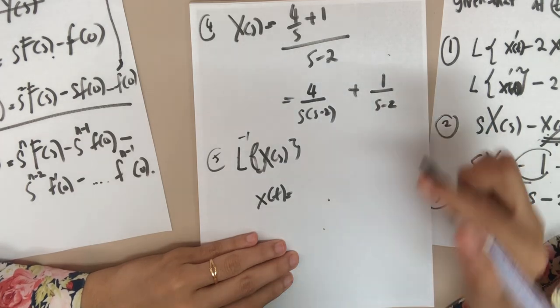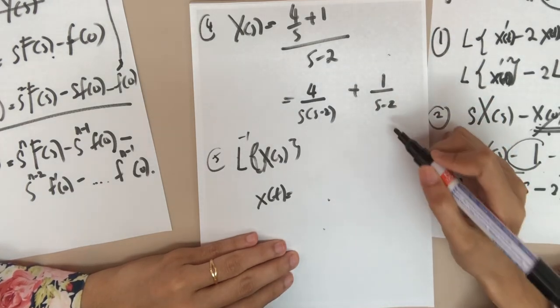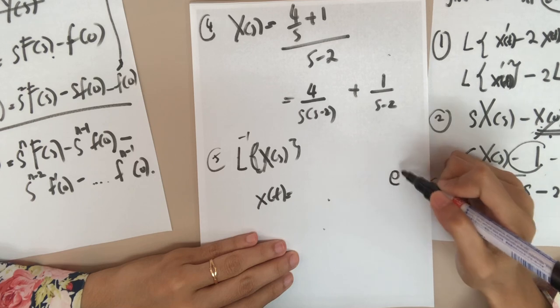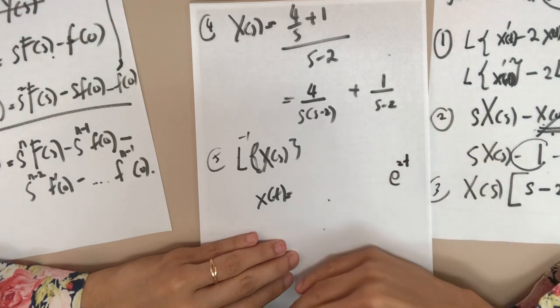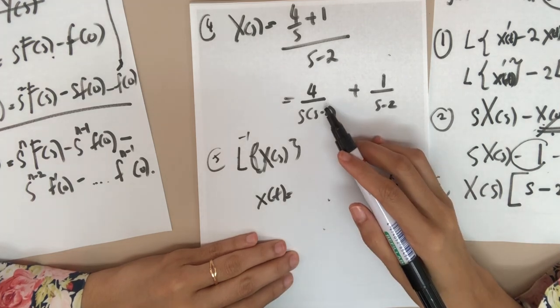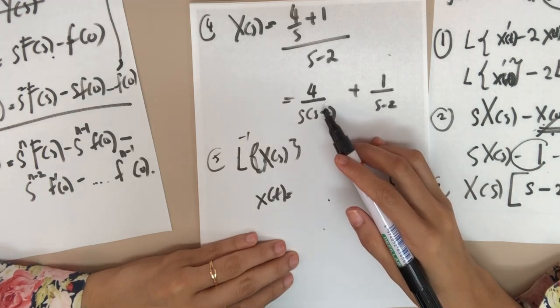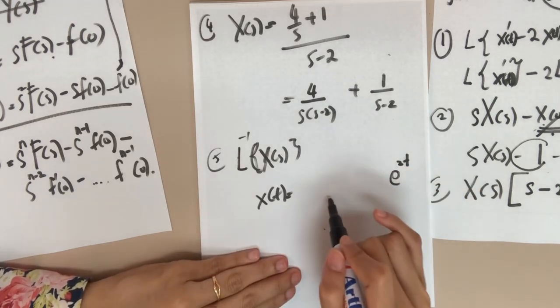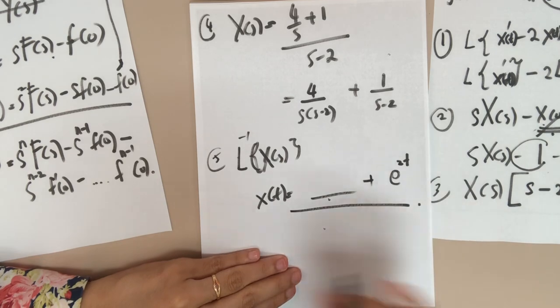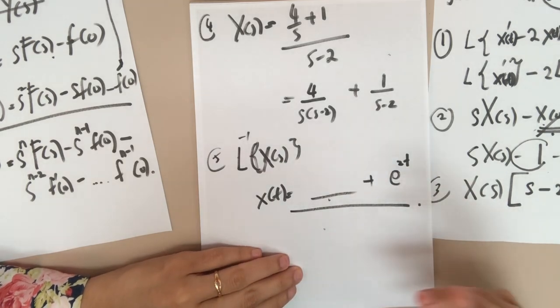For this one, directly from the table, you will get e to the power of 2t. Okay, class? And for this one, you need to use the convolution theorem. So you figure out the answer. This is the answer that you should get.